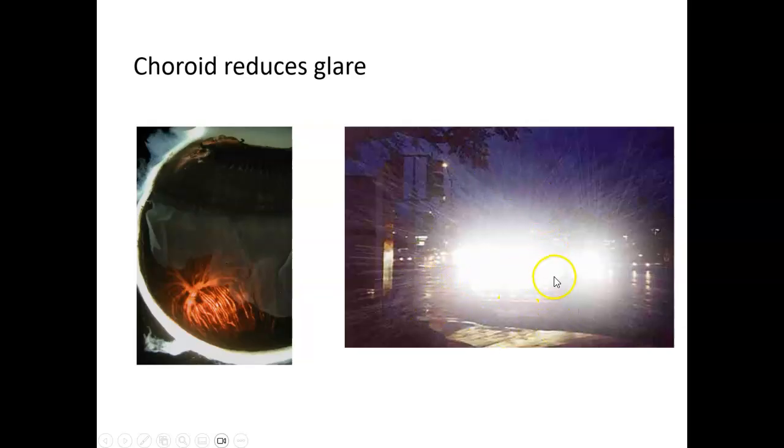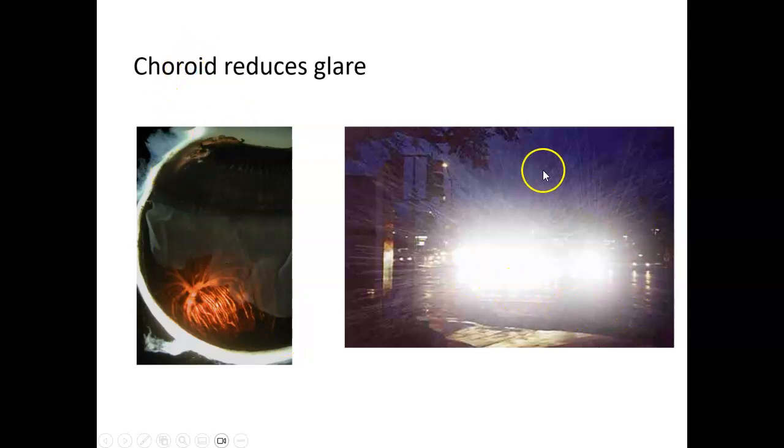We've all seen that at night when it's raining and there are car lights, you see that glare in the light and it's really hard to focus on things to see well. If we didn't have this dark choroid layer inside of our eye, everything would always look like a glare like that. In fact, people that genetically lack melanin, somebody you would call albino, meaning you don't make any melanin, their hair's white, their eyes are very light colored, and they don't have melanin inside their eyeballs, in their choroid layer.